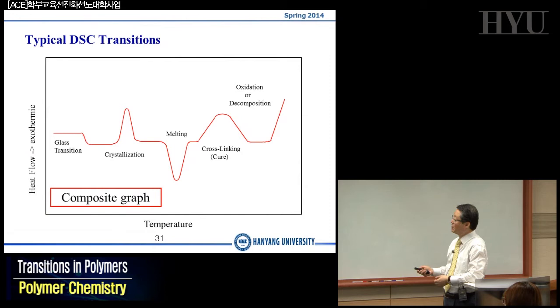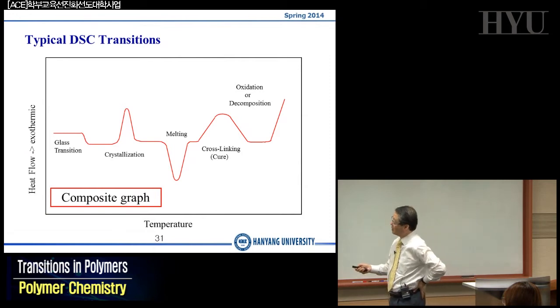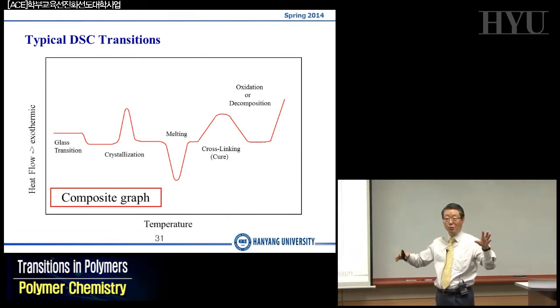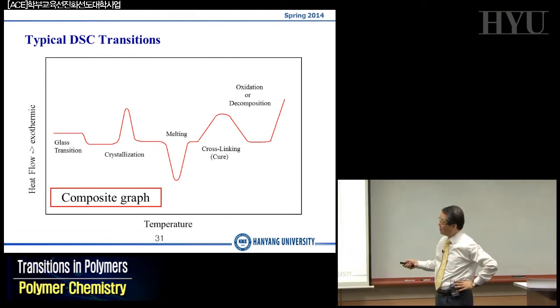And this is the typical DSC transition curve, where you have movement of your amorphous portion, so that your chain moves, particularly the side chain, so that it undergoes an endothermic reaction, and your polymer melts if you have crystalline portions.